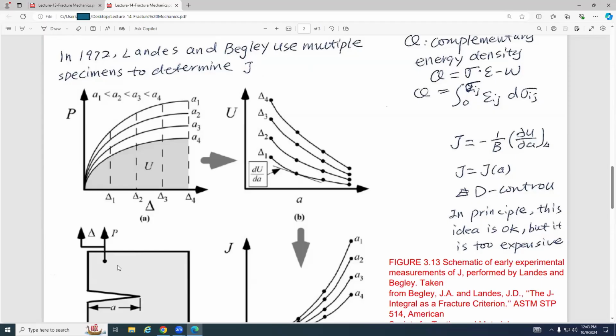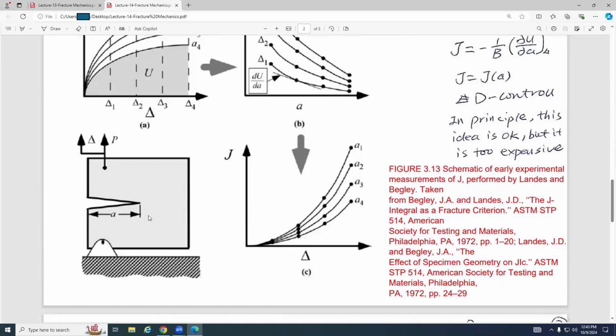Because we do not have external force here, dU/dA equals dPi/dA. Do you agree? Pi equals U minus W. W equals 0. Why? Because delta does not change.